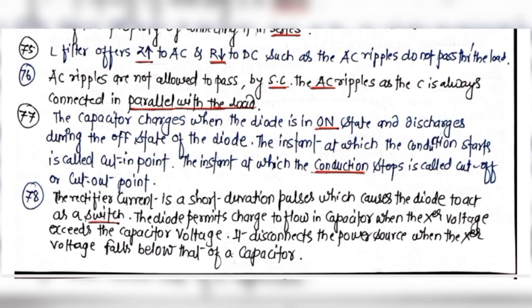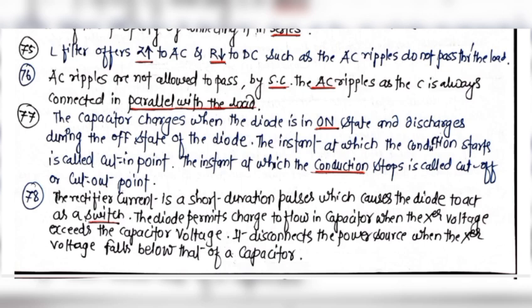The instant at which conduction starts is called the cut-in point. The instant at which conduction stops is called the cut-off or cut-out point.